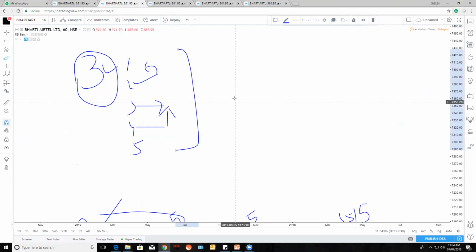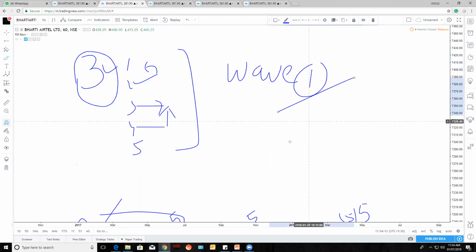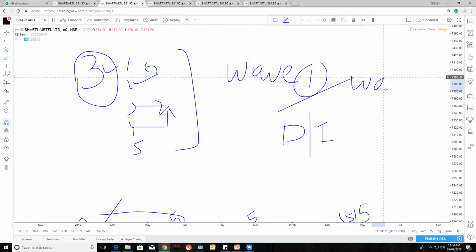And in that also, wave 1 can be a diagonal or an impulse. And what about wave 3? That is the third wave. It should be an impulse only. There are no diagonals. And what about wave 5?